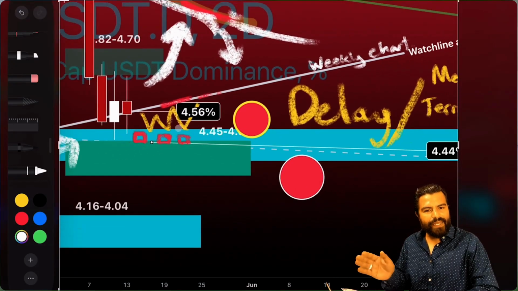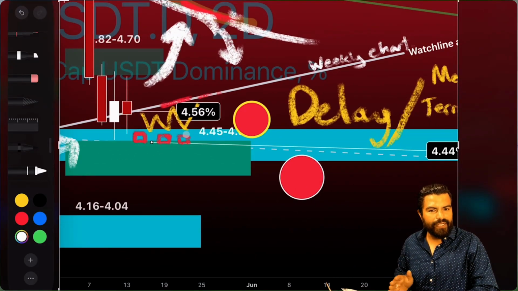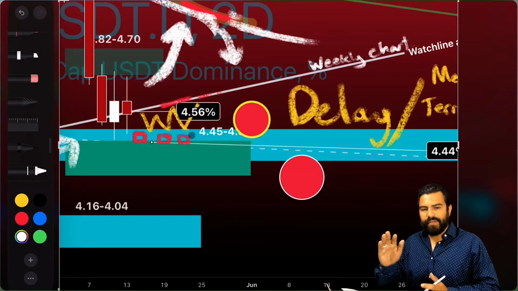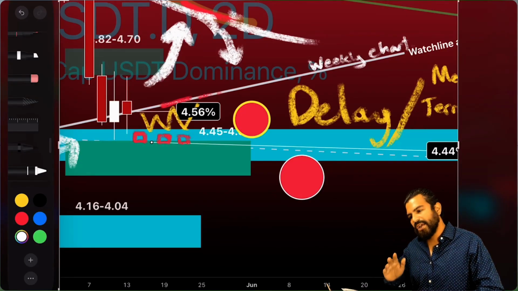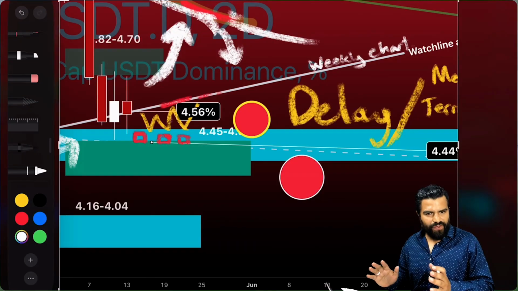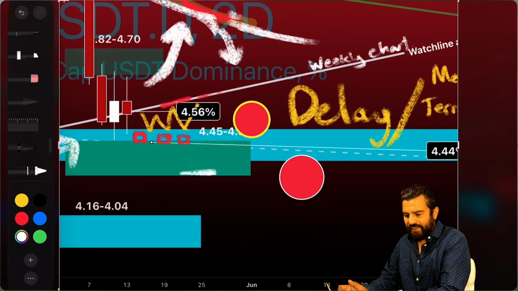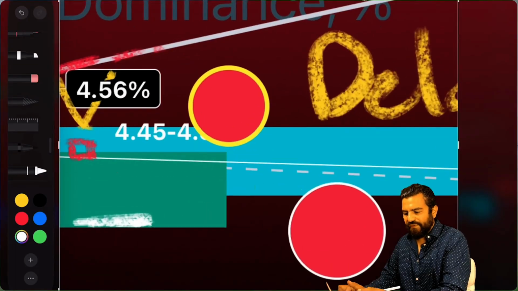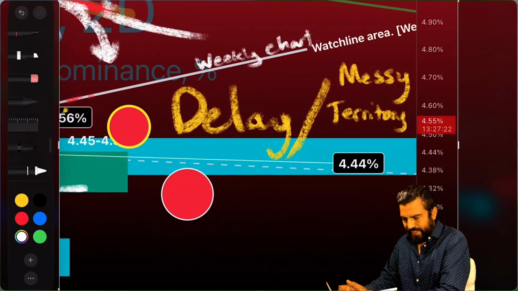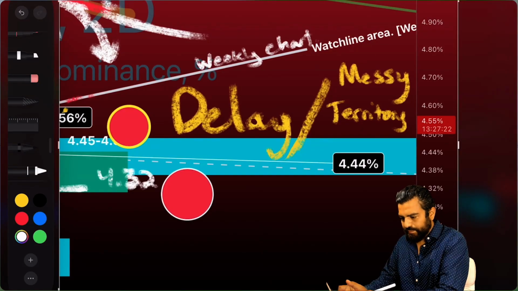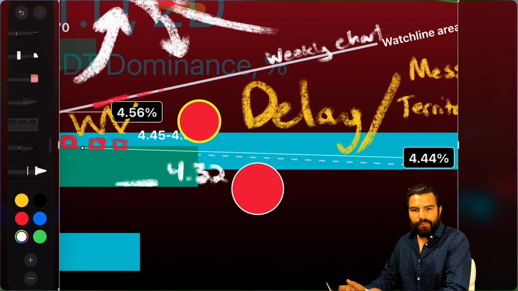But if we get messy later and crypto's not going back, we don't see any retracements, we don't see XRP losing its top, we don't see Bitcoin moving much far away from 105 to 107,000 or something. By the way, if we hit 107,000, we're going to be on the lower side of this 4.32 area. You will see price only there.